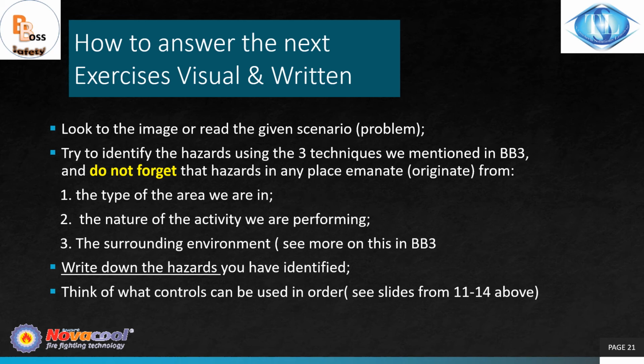The first one is the nature of the place itself. What kind of operation is this? It's a chemical plant. Is it a gas plant? Is it the drilling rig? It's an offshore production facility. Each one of these has its own hazards related to the nature of the operation.